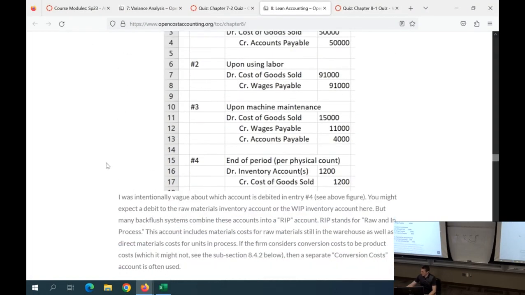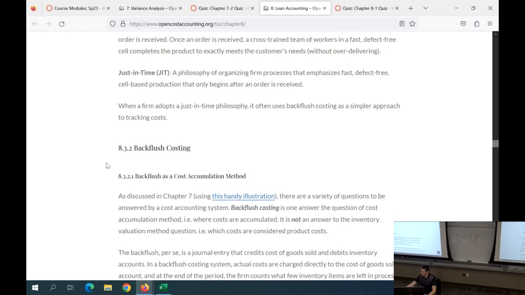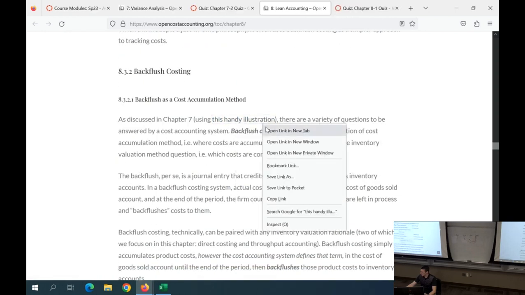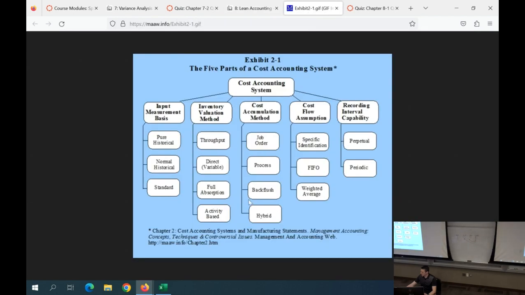So some of the questions rely on you knowing the timing. This handy illustration shows that backflush is technically a question of where cost is accumulated, just to drill home the fact that some of the questions rely on the fact that costs are all accumulated in cost of goods sold, and you backflush some to fill inventory accounts.